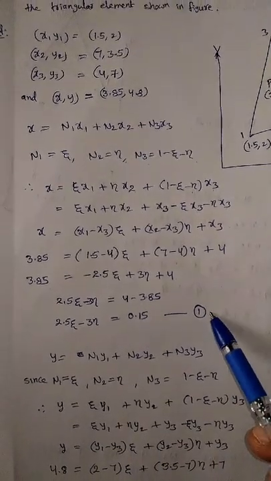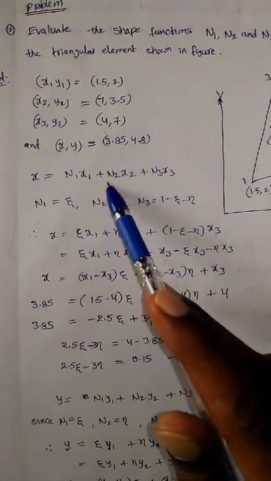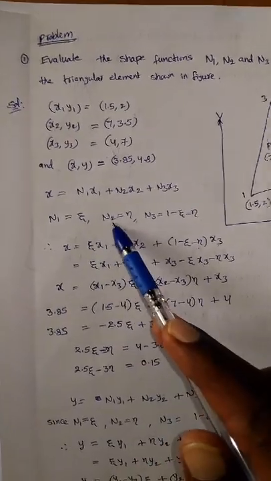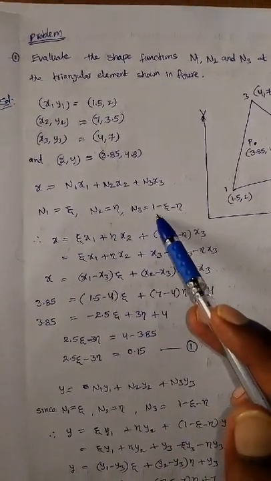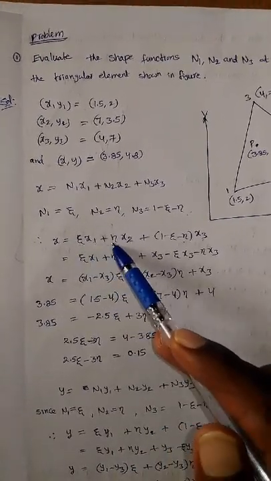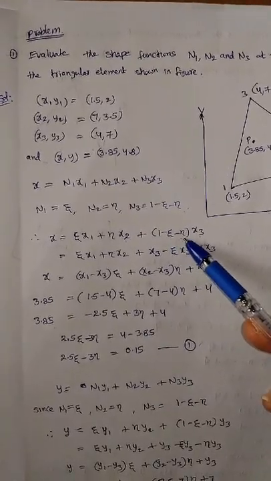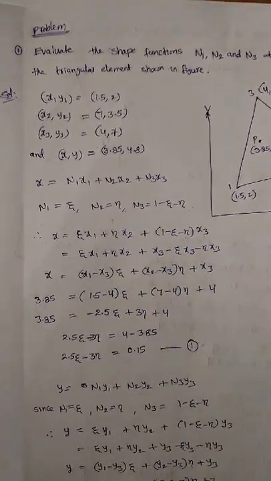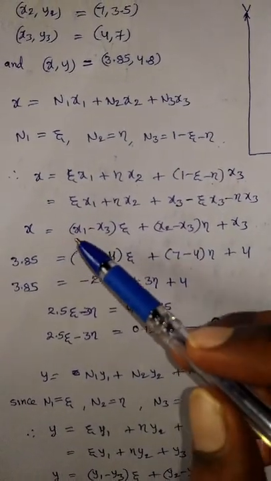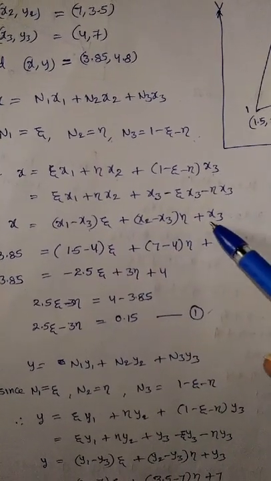Therefore 2.5 xi minus 3 eta is equal to 4 minus 3.85, that is 0.15, from equation 1. Again x is equal to n1 x1 plus n2 x2 plus n3 x3, where n1 is equal to xi, n2 is equal to eta, n3 is equal to 1 minus xi minus eta. Therefore x is equal to (x1 minus x3) xi plus (x2 minus x3) eta plus x3.